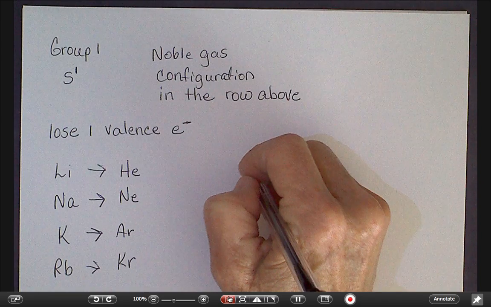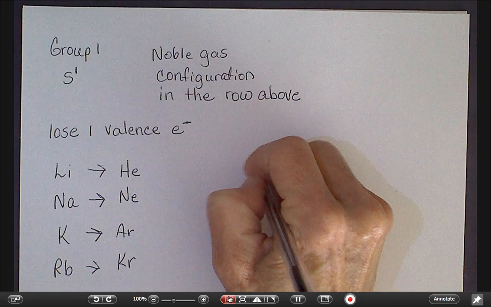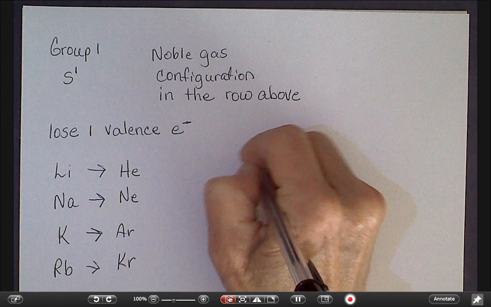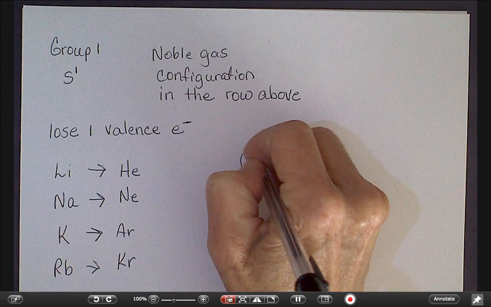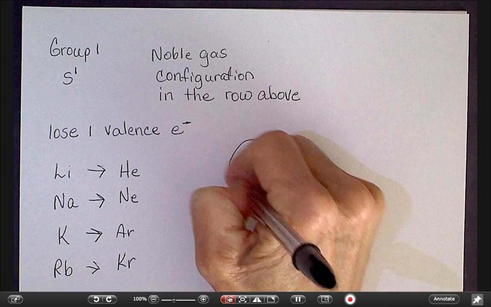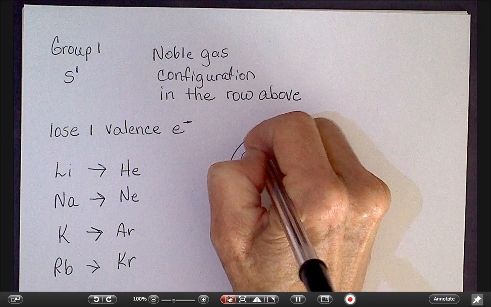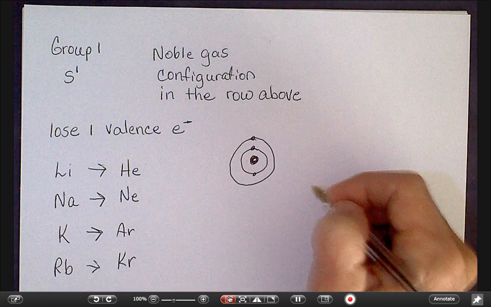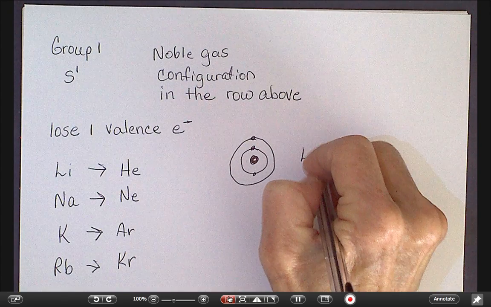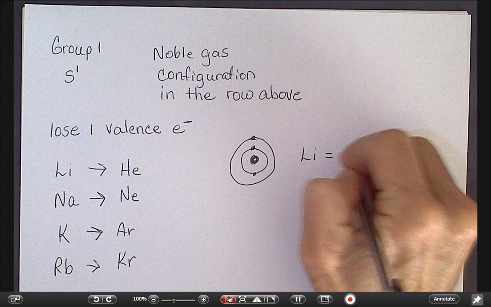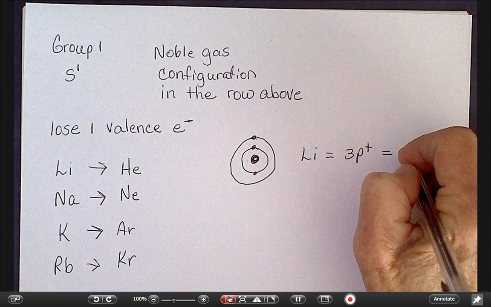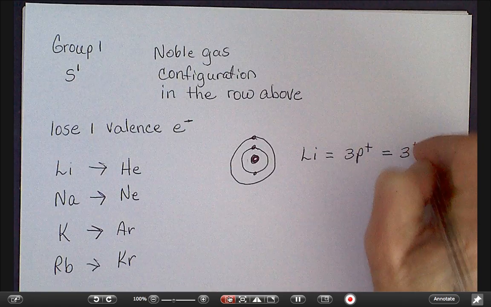If you look at lithium, here's its nucleus, and it has 2 electrons out here and 1 out here for a total of 3 electrons. Lithium has 3 protons at a +1, gives a total charge of 3+.